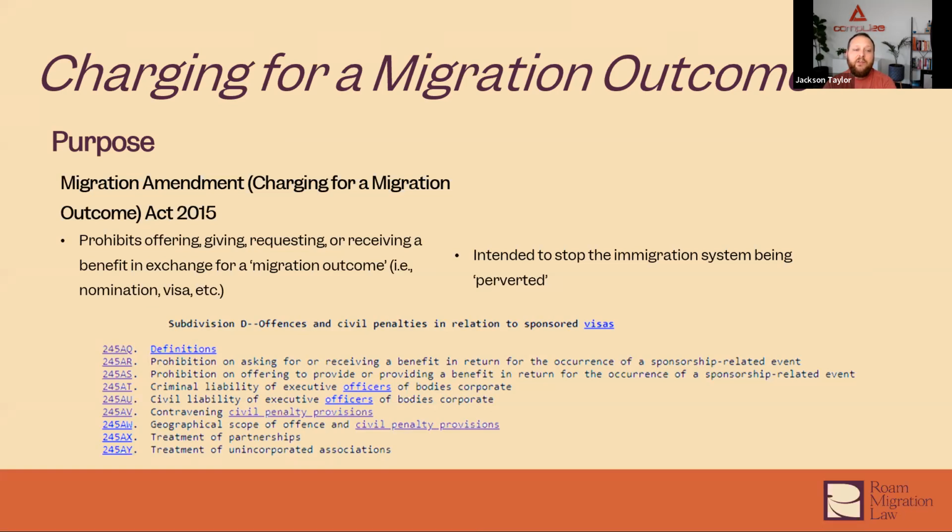Someone who is seeking a visa is prohibited from offering or giving, okay? The gift, the benefit, doesn't have to actually change hands in order for there to be a breach of the law. You only have to offer in order for there to be a breach of the law. And the same on the employer side, you only need to request the benefit to breach the law.